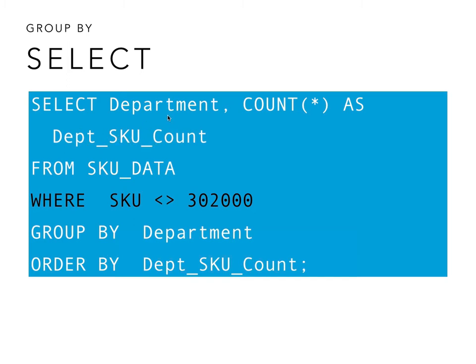So the count is all of the SKUs per department, ignoring this SKU number, because it's in the SKU data table. And then we order by our count, so it should go from the lowest count to the highest count, because we go ascending.